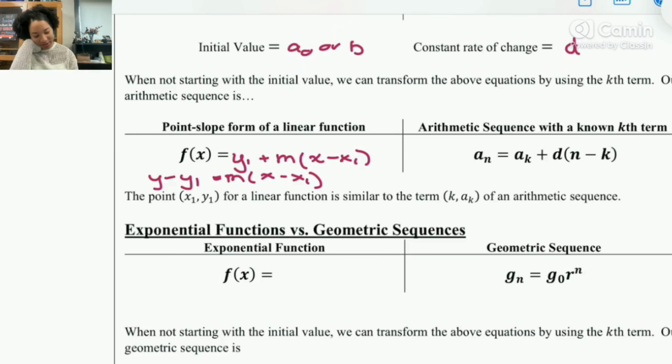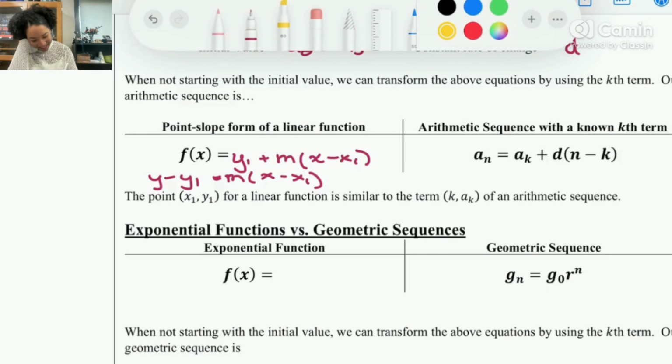The two are similar because when you have your point slope form, this equation is going to be the same as the arithmetic sequence. So the y1 is going to be the ak, or whatever nth term that you have, and then the m is going to be the d, and the two x's are going to be the n and the k.